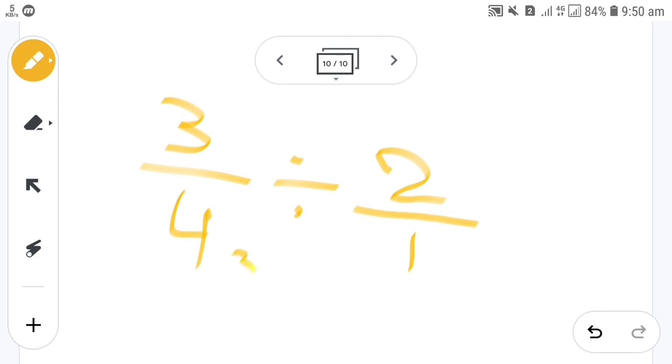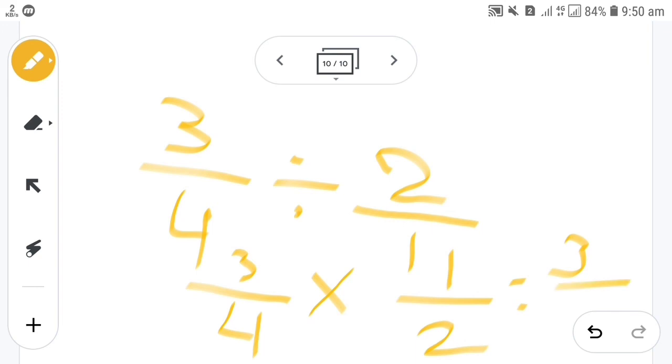As you know, some moments ago we have changed into multiplication and reversed the second fraction. 2 by 1 will be changed into 1 by 2. And now multiply numerator. 3 into 1, 3 and 4 into 2, 8. 3 by 8. Today we have learned all about fraction.